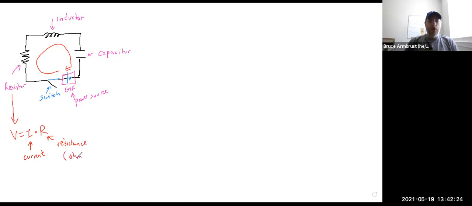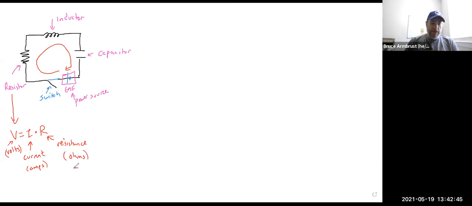Ohms are the units of resistance, current is in amps, and voltage is in volts. So we have volts, amps, and ohms.